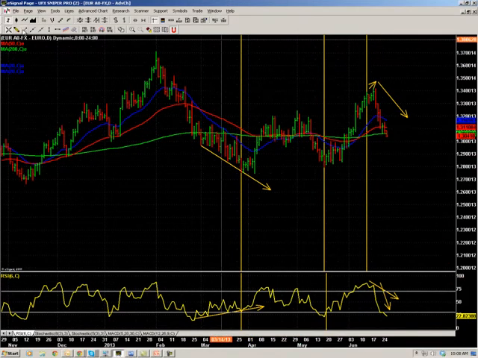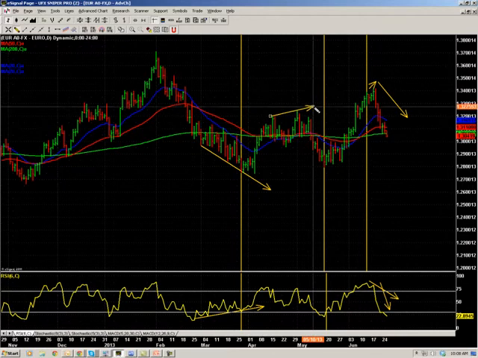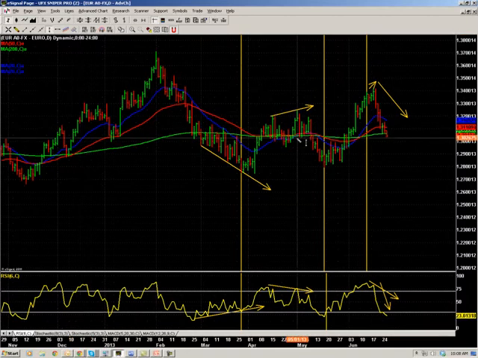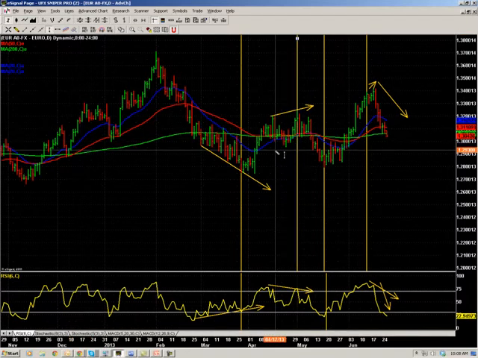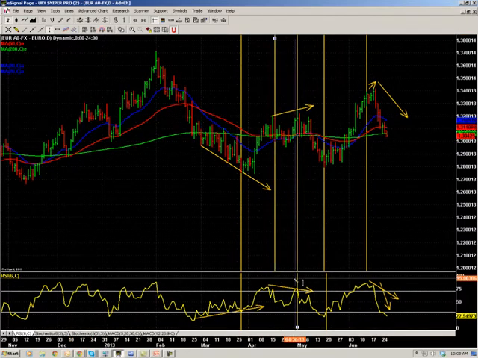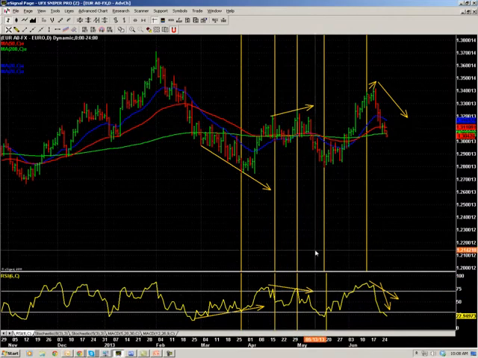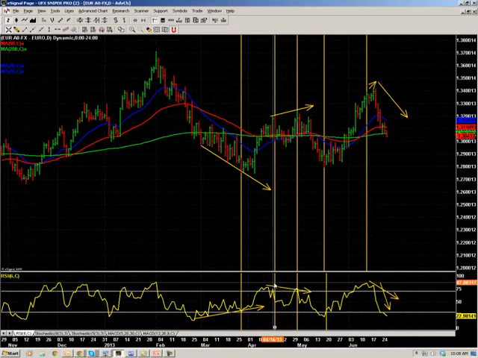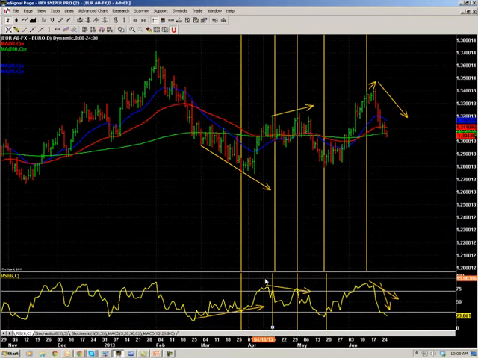Same thing vice versa as well. You get higher highs here, and you get lower highs there. So from this point to that point, from this point to that point, and actually this one here goes a bit earlier, goes there.